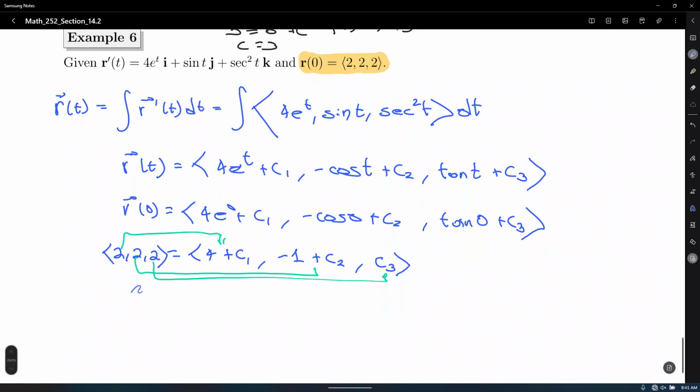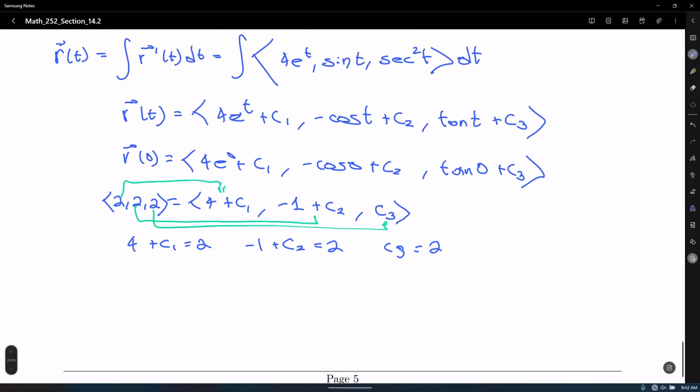So 4 plus c1 equals 2, negative 1 plus c2 equals 2, and lastly c3 equals 2. So this means c1 equals 2 minus 4, that's negative 2. For c2, add 1 to both sides, so c2 equals 3, and c3 is simply equal to 2. That's a given, right?